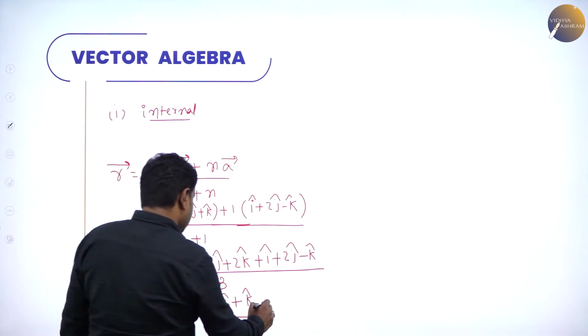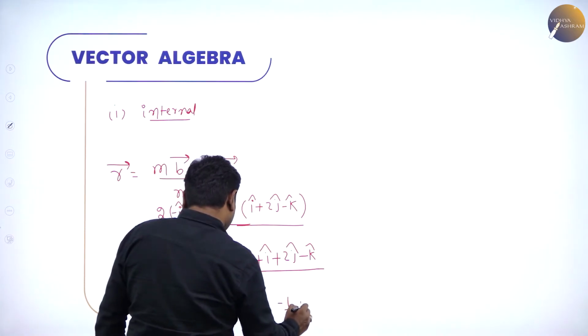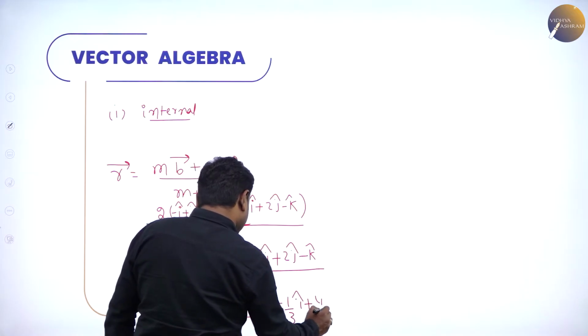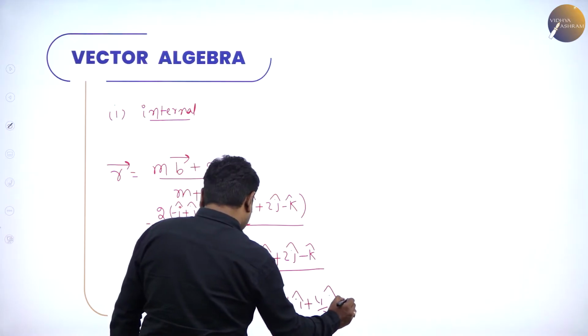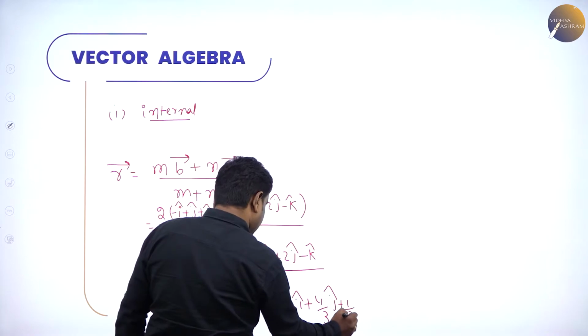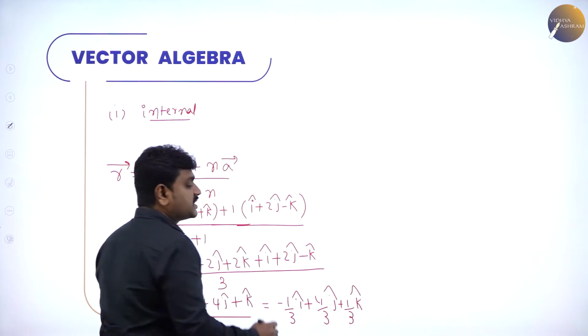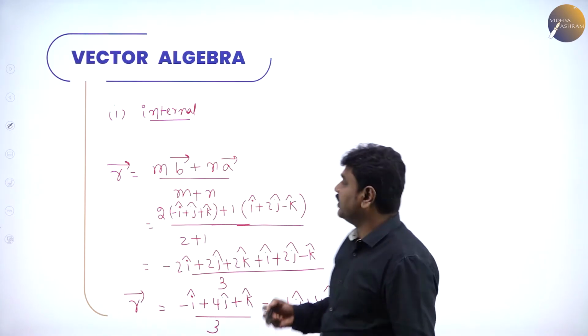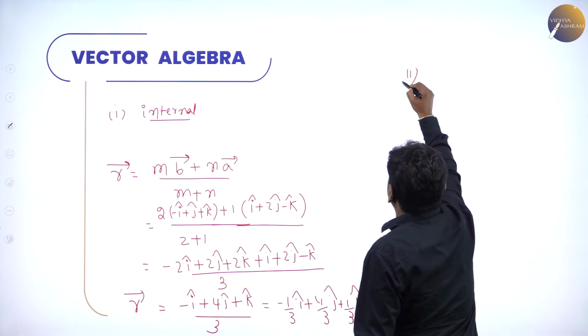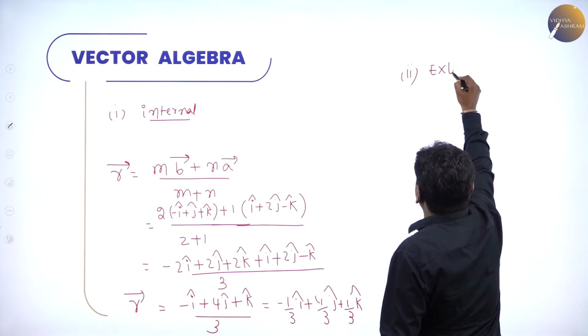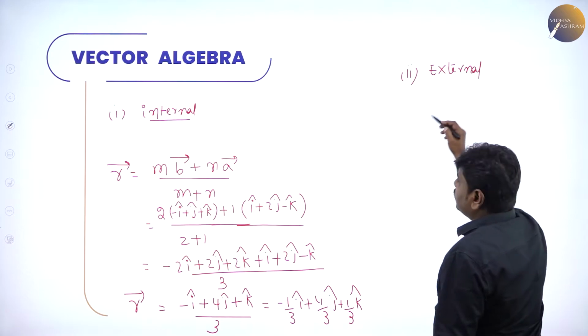We can also write this as minus 1 by 3 i cap plus 4 by 3 j cap plus 1 by 3 k cap. So now we need to find the external division. For external division, the point is what?